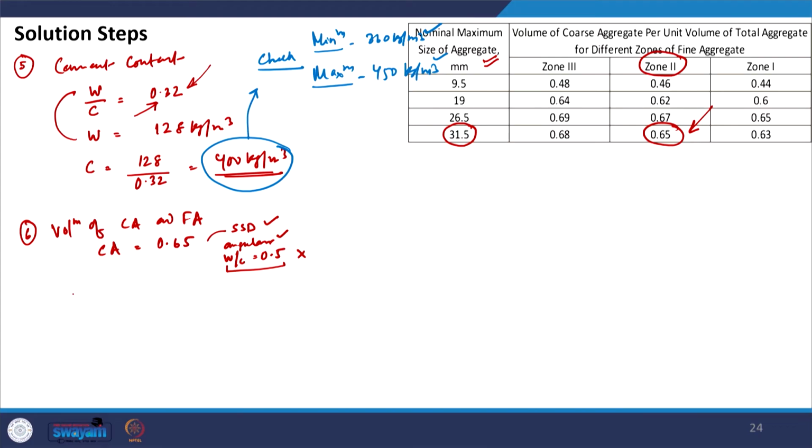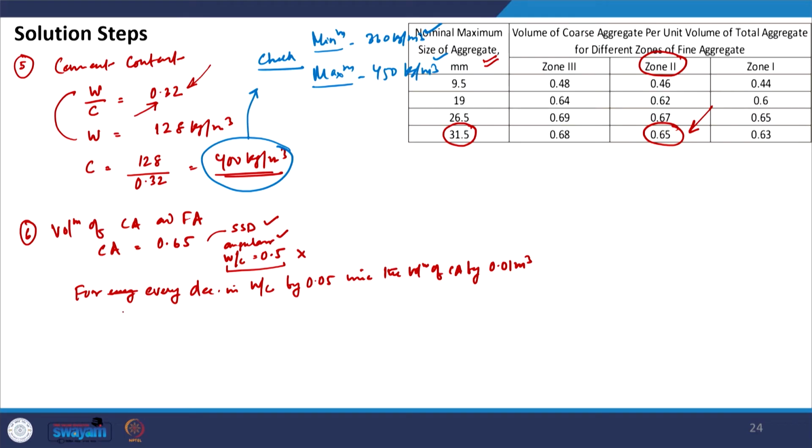So, the criteria which we saw yesterday was that for every decrease in water cement ratio by 0.05, you increase the volume of coarse aggregate by 0.01 meter cube, all right.